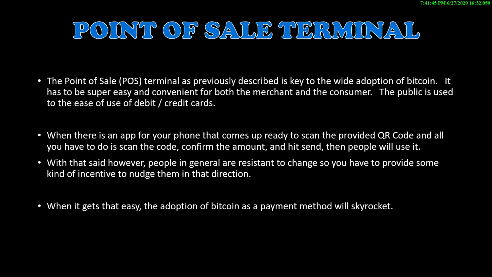When there is an app for your phone that comes up ready to scan the provided QR code, and all you have to do is scan the code, confirm the amount, and hit send, then people will use it. With that said, however, people in general are resistant to change, so you have to provide some kind of incentive to nudge them in that direction.